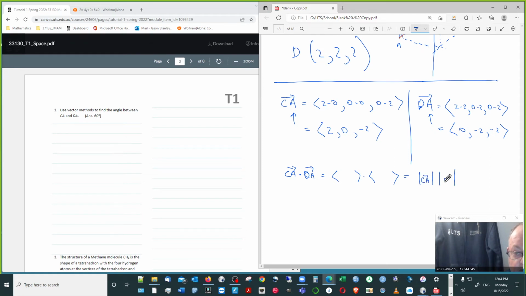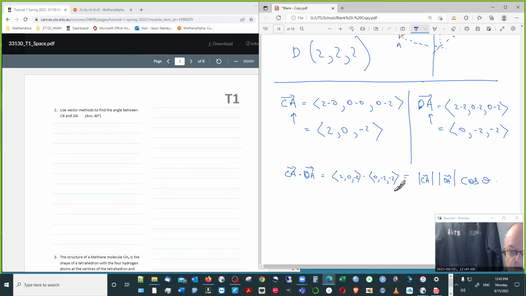So I'll have to work those out by the look of it. And then the cosine of the angle between them. Is that right? So in essence I put all the elements in, I think. So I can do that. 2, 0, minus 2.